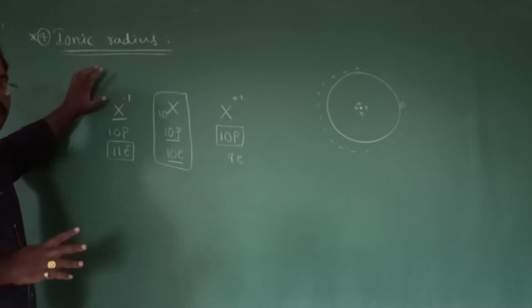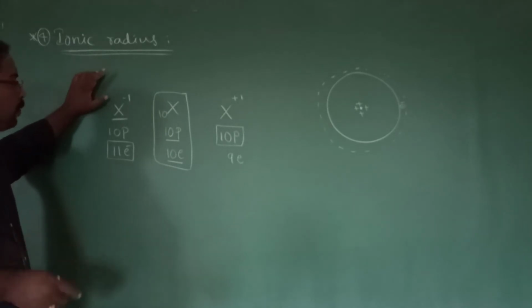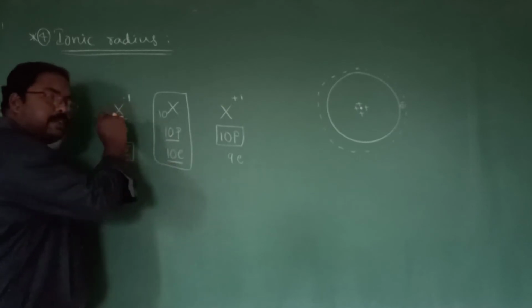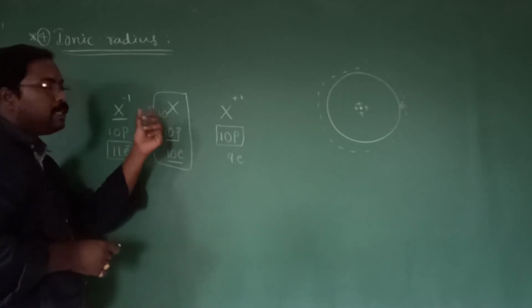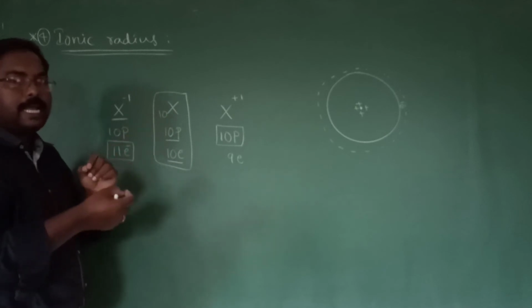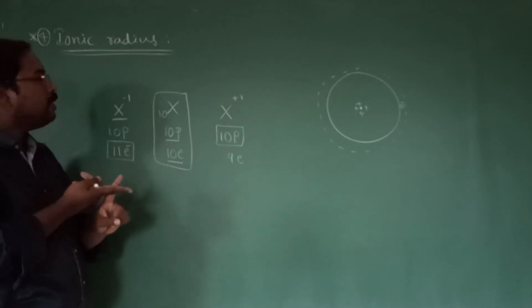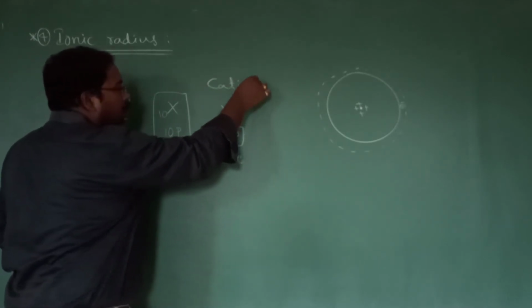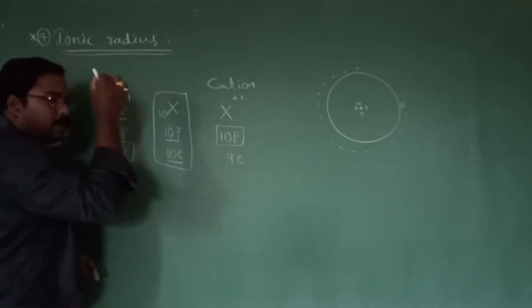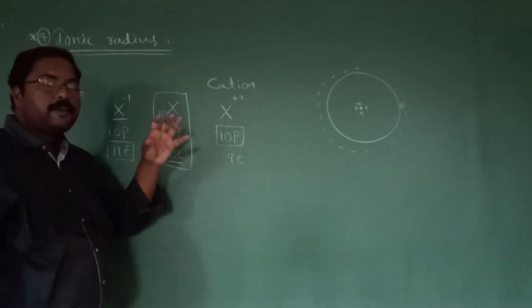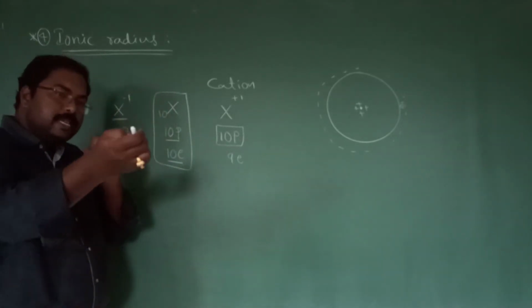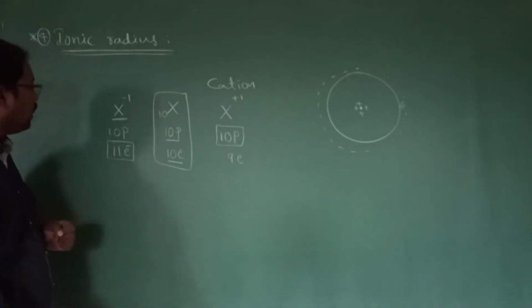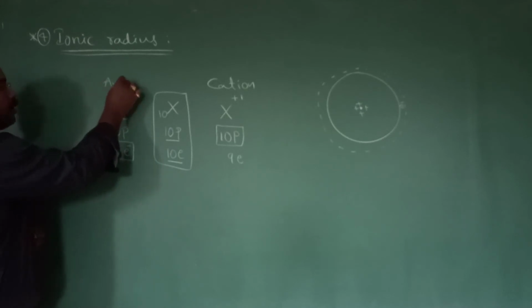From this example, you have to understand one concept. In the case of an atom, the amount of positive and negative charges is the same. Because of the nuclear charge, the atom is having some radius. But coming to the cation, what happened here? Nuclear power is more. So because of that strong nuclear charge, it pulls the electron cloud towards it, and the size of the atom decreases. What about in the case of an anion?